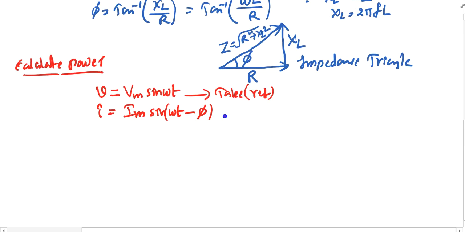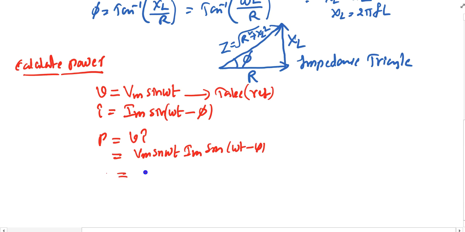So these are the equations I am writing for instantaneous voltage and instantaneous current. Now what is the instantaneous power here? This is nothing but V times I, so I can write Vm sin omega t times Im sin(omega t minus phi).